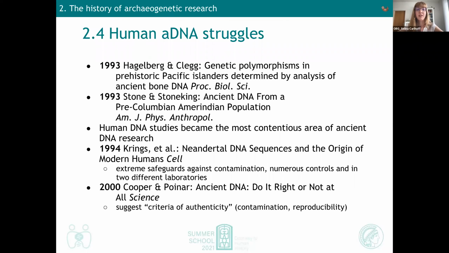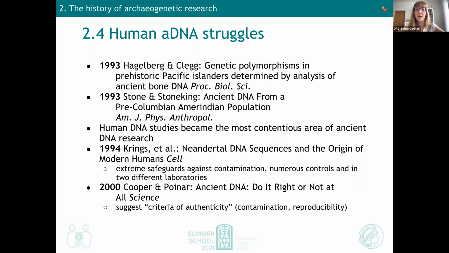But all these studies popping up about human DNA quickly became quite contentious. And even older studies were examined under a more critical eye. And also the ancient mummy study, which was one of the first ones in 1985, was actually shown to mostly contain modern DNA. So no ancient DNA actually.